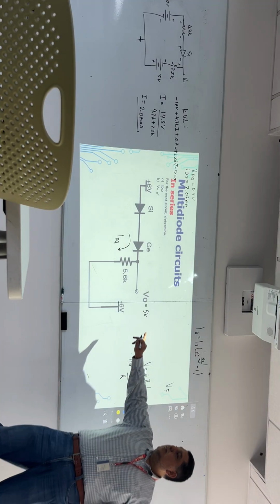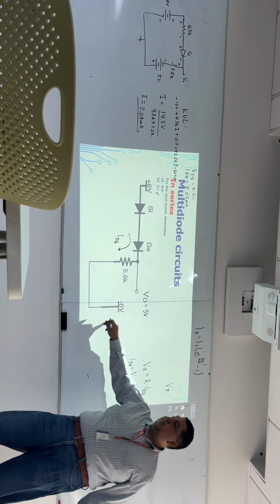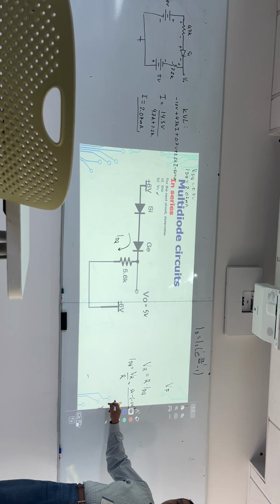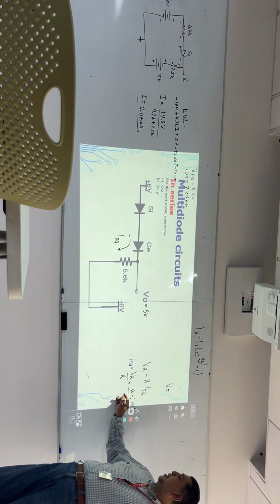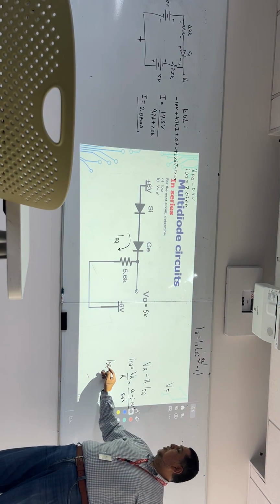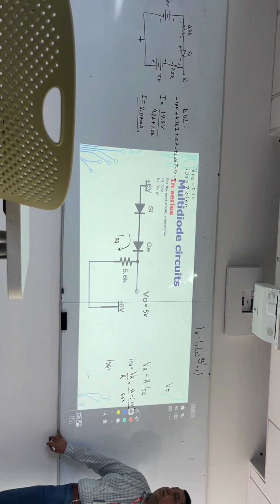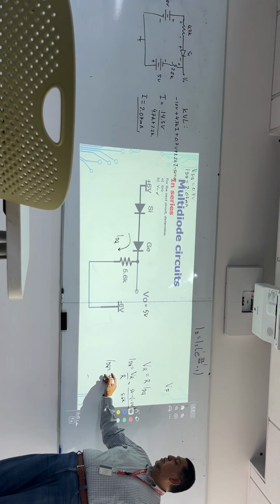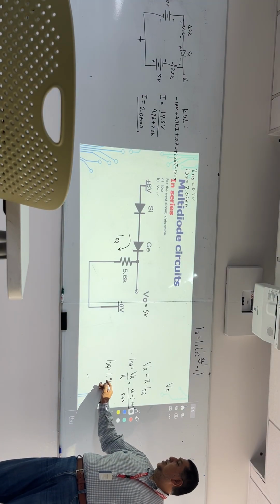Okay? 5 minus -6 is 5 plus 6 divided by 5.6K. In other words, IDQ is going to be 1.96 milliamps.